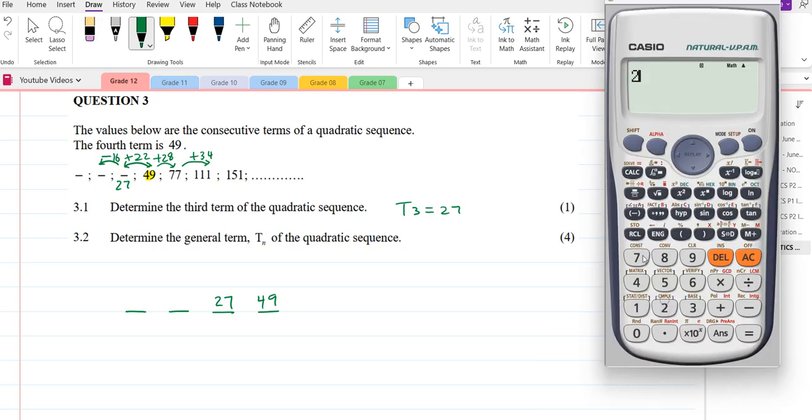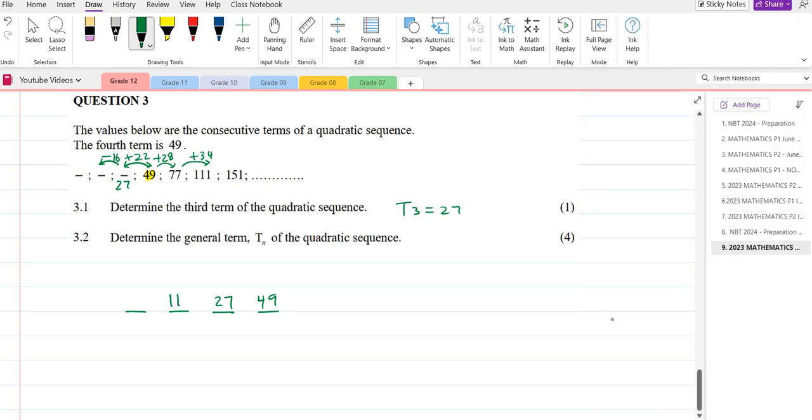So 27 minus 16, because 22 minus 6 is 16. What we're getting is 11. And if you go back, remember minus 10, so you're going to start with 1. So 11 minus 10. You can see now you're adding 10, then you're adding 16, then you're adding 22.